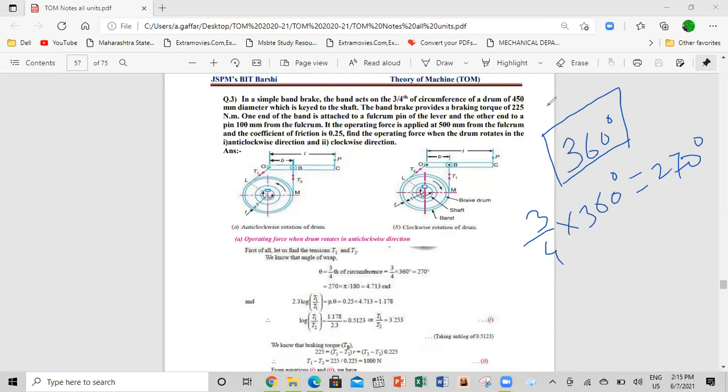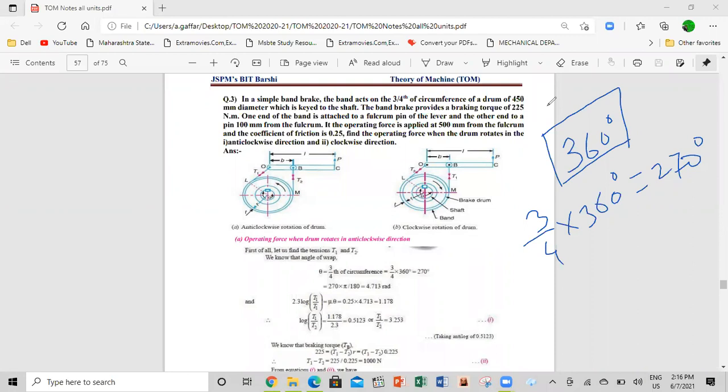Got it or not? A band acts on 3/4 of the circumference, meaning out of 360 degrees, 270 degrees is wound on the circumference of the band brake.